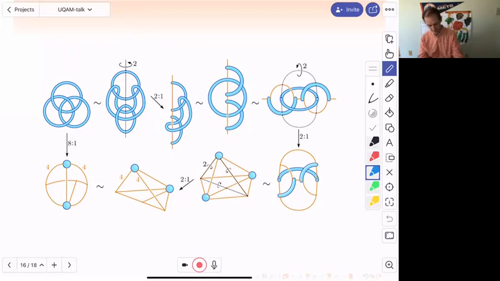So this link right here is the Borromean rings, right? So the complement decomposes into 2 regular ideal octahedra, and it has this series of 2-fold quotients where we're quotienting out by symmetry. So let me color one of these cusps red here.